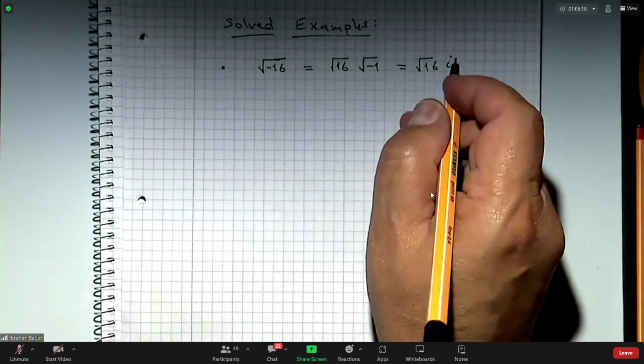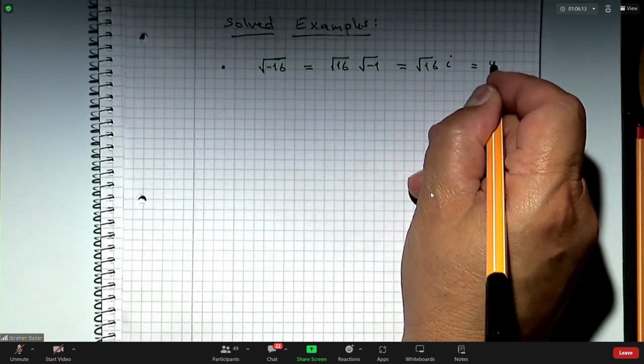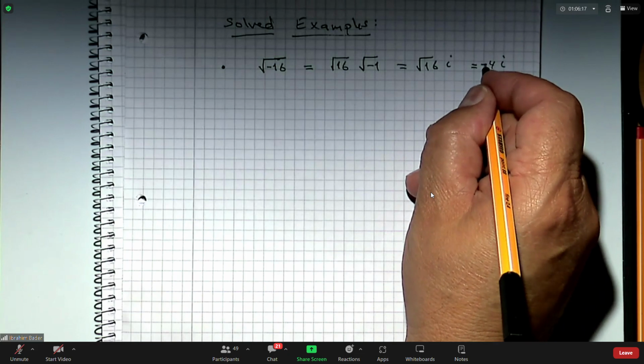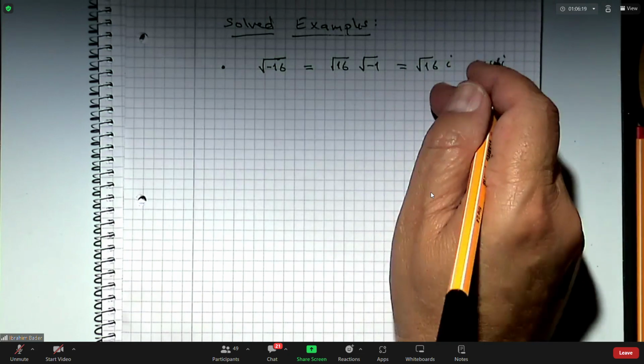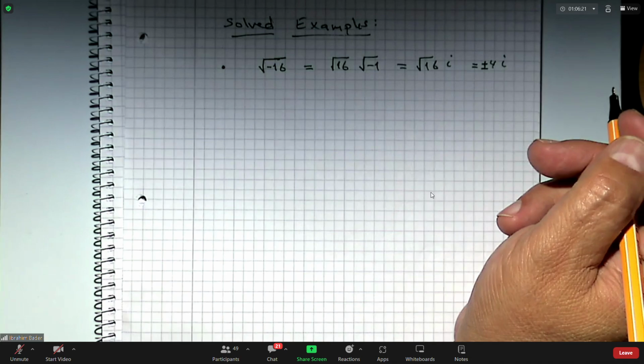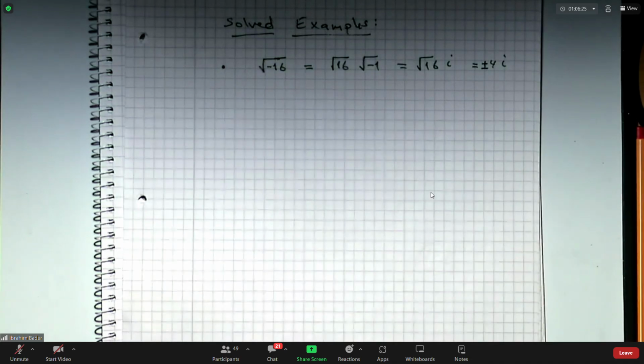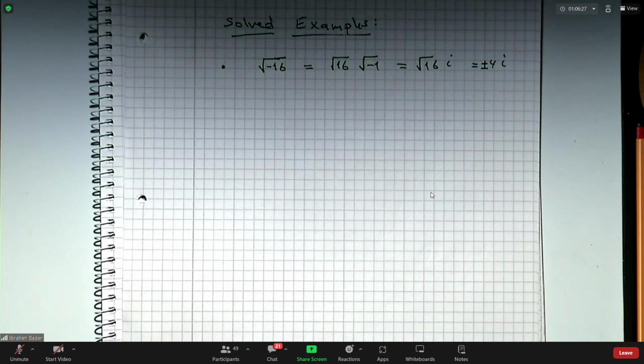If you just want to take the positive part, it's 4i. It could also be plus or minus 4i, because the square root of 16 is positive or negative. So this is a simple, straightforward calculation.